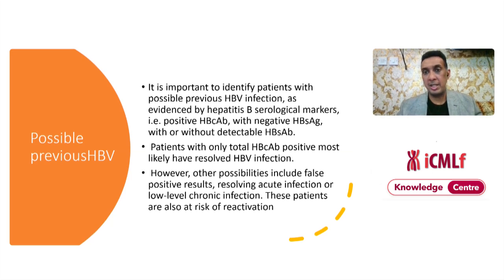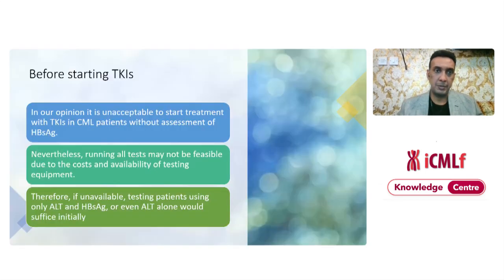Patients with only total hepatitis B core antibody positive most likely have resolved hepatitis B virus infection. However, other possibilities include false positive results, resolving acute infection, or low level chronic infection. These patients are also at risk of reactivation.